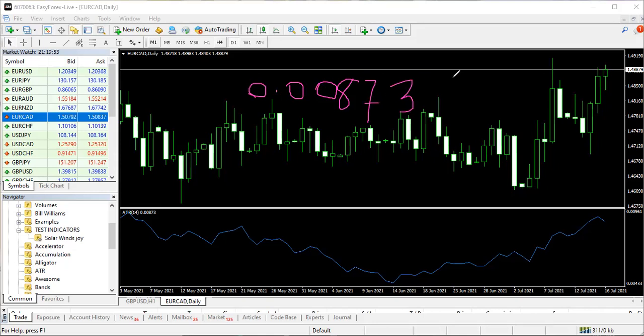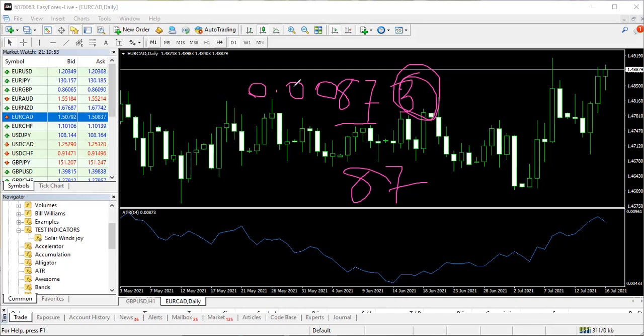I said you should always forget the last number. So it's left with 8 and 7, because the rest are just 00. So it means on average, Euro CAD will move 87 pips. This is on average.